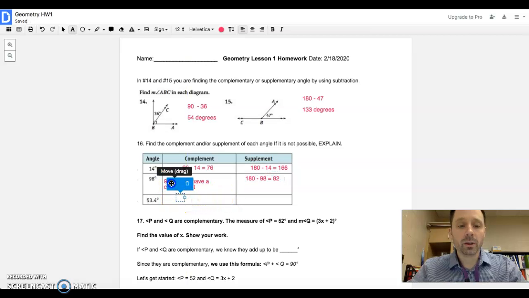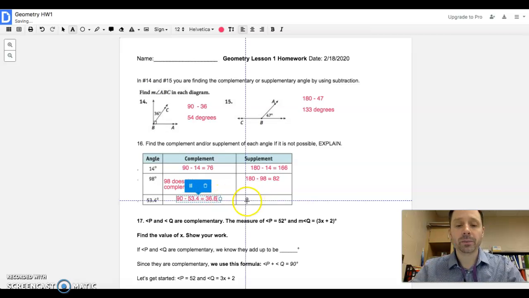Down here, this one will work. So if we take 90 and we subtract 53.4, we're going to get 36.6.